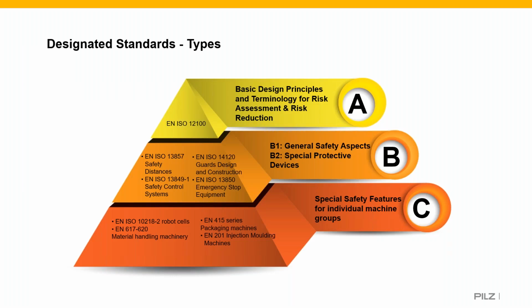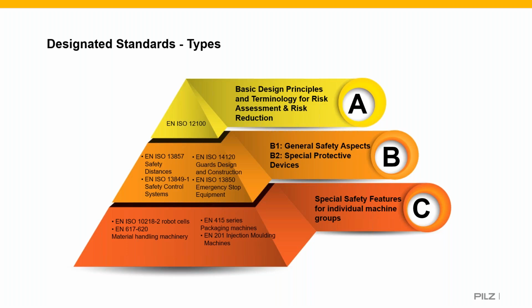Just as a reminder and an introduction, the standards themselves are in essence grouped into three levels, A, B, and C. The A-type standard specifies fundamental concepts. So, for example, EN 12100 is for risk assessment, and it gives us the iterative process of conducting a risk assessment. B-type standards deal with general issues and aspects across all types of machinery.